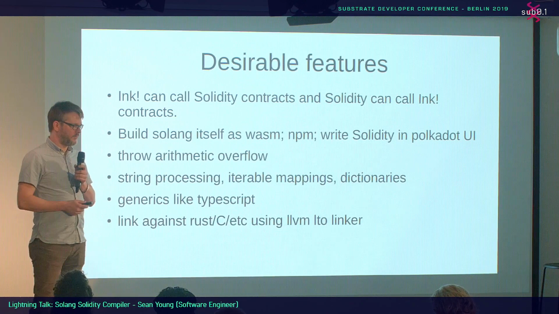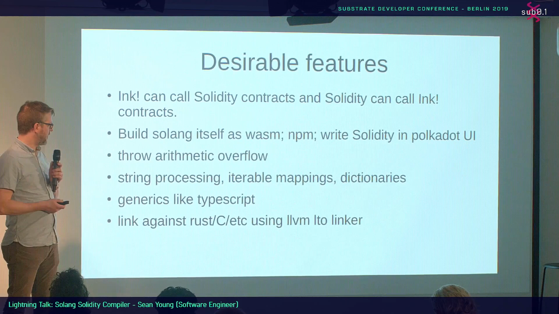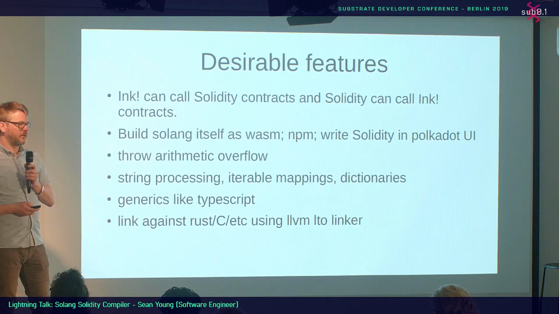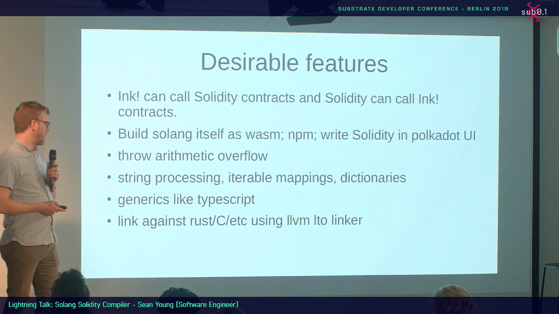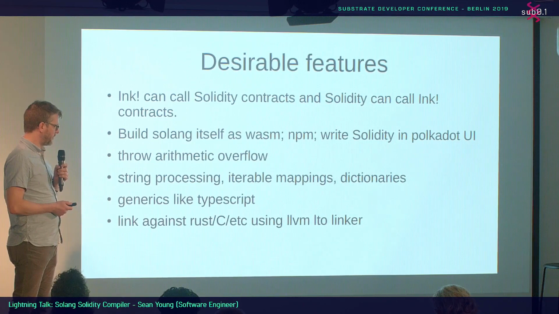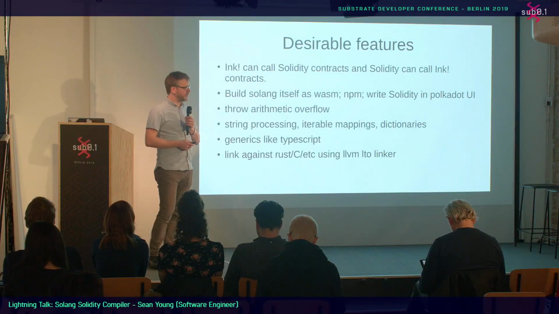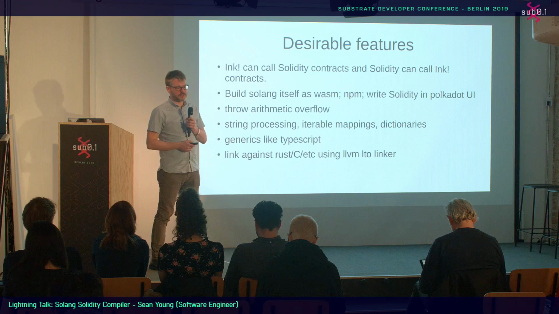It doesn't have any form of generics. That can be quite awkward. So I imagine something like the TypeScript generics would be a good thing to implement. Lastly, it would be nice if you could link C code against Solidity.